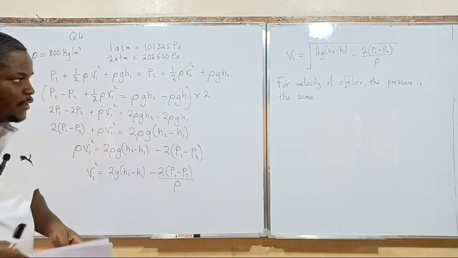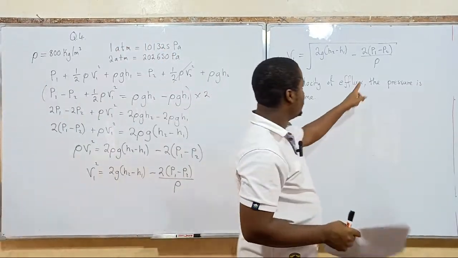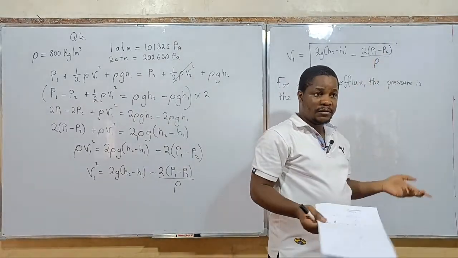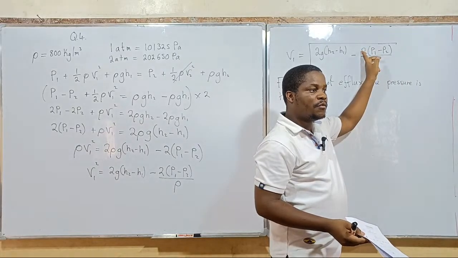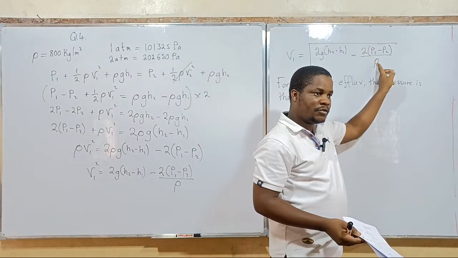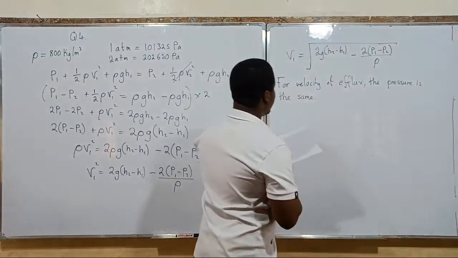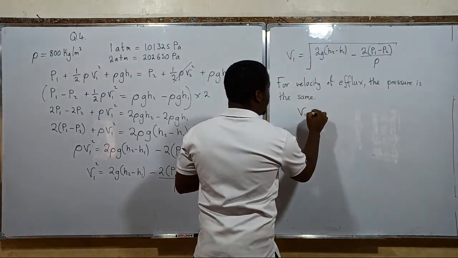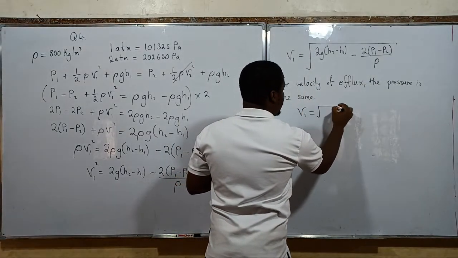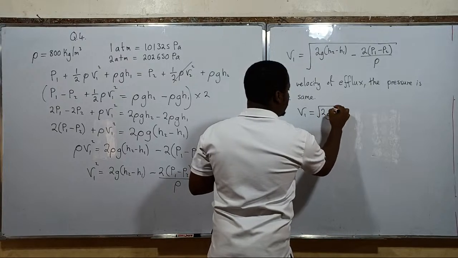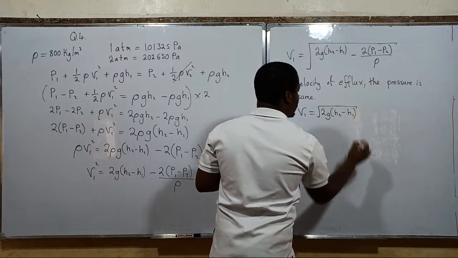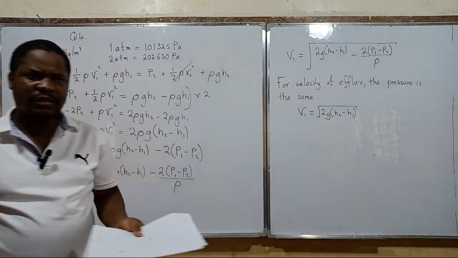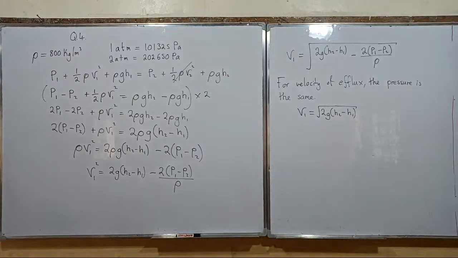If P1 and P2 are the same, what will happen? It will just be 0, right? So it will be 0 times 2, 0, divided by rho, 0. So what remains then? What will remain is simply the square root of 2g, h2 minus h1. Because pressure is the same, pressure will cancel out. So that's what we remain with.